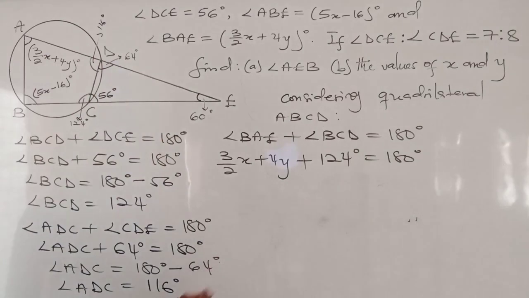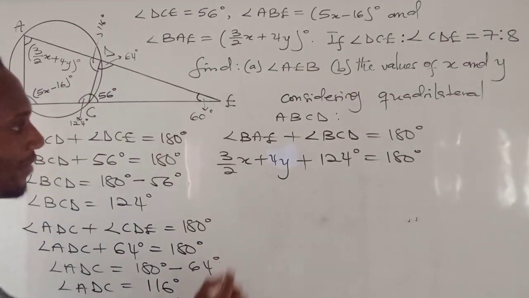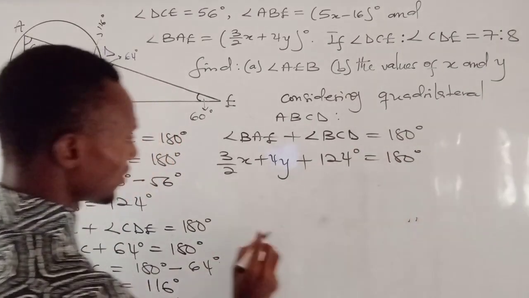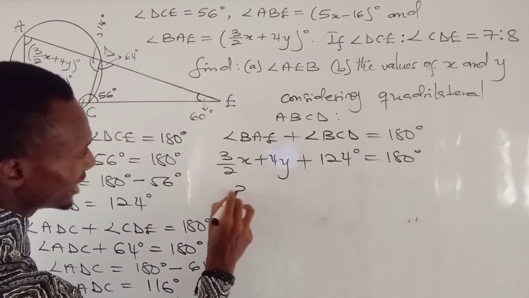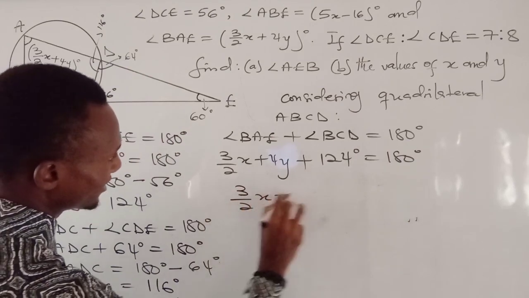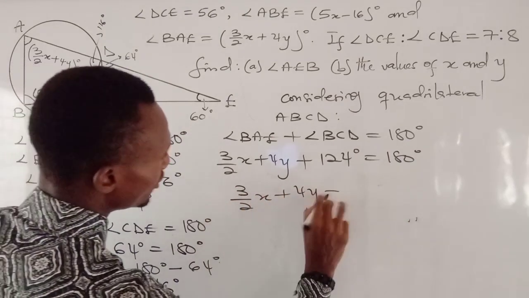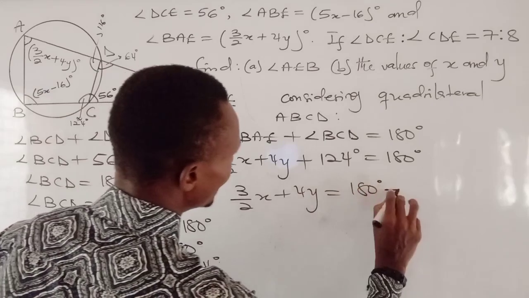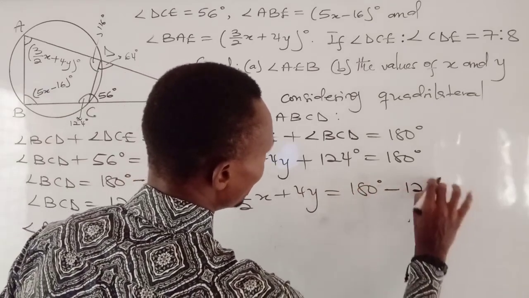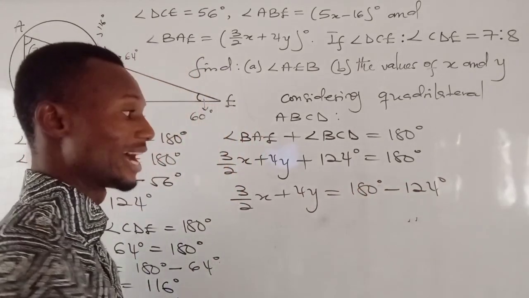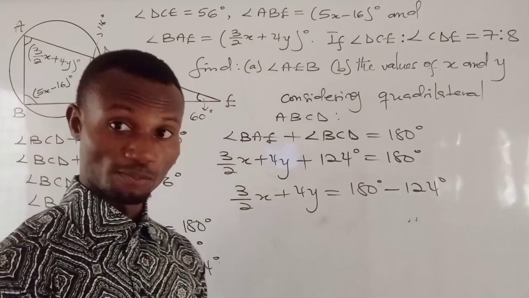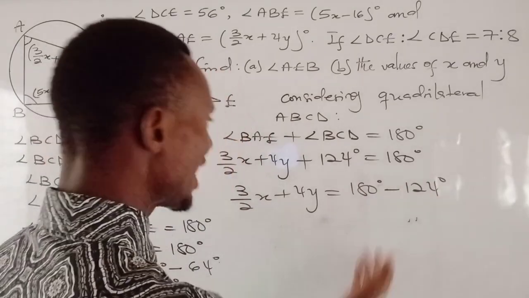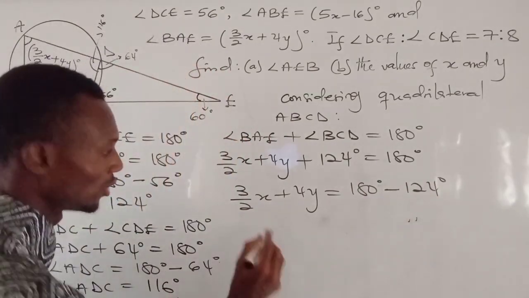Let's go ahead and simplify further. I'm going to let this one cross the equal sign to this side. So I'm going to write 3/2 x plus 4y equals 180 degrees minus 124 degrees.